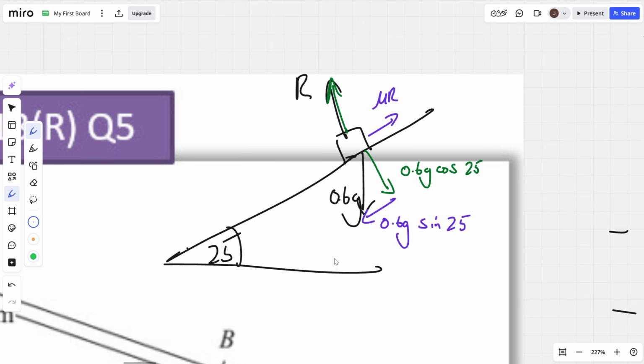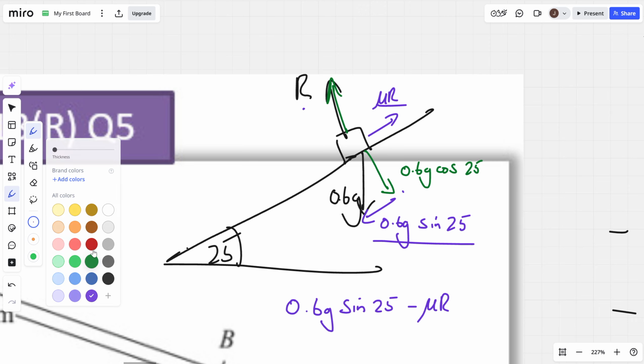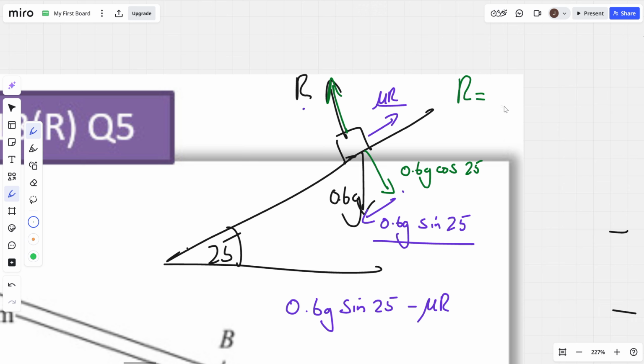So what we're going to say is our resultant force would be the same as 0.6 g sine 25 take away mu R. And we can do better than that because look, we've also got these forces as well. We know that R must be equal to 0.6 g cos 25.